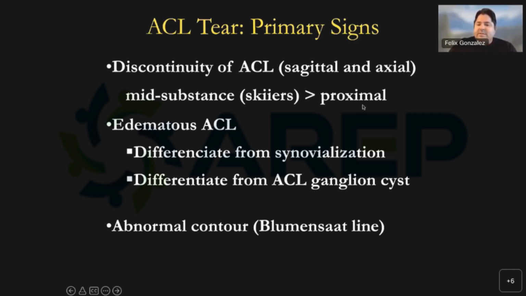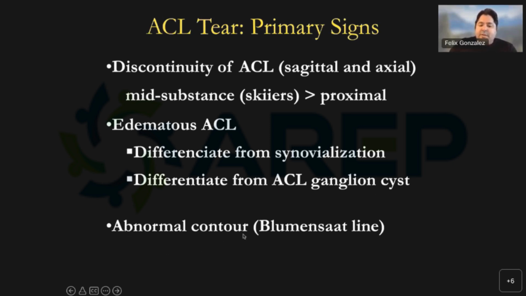And the second location is the proximal location. You will have edematous ACL, swollen ACL. Make sure that you can differentiate that from synovialization. Synovialization is a term that is used when you have mucoid degeneration and you have that thickening of the synovial lining of the ACL. And also make sure that you differentiate edematous ACL from ACL ganglion cysts that can occur in the setting of chronic injury.